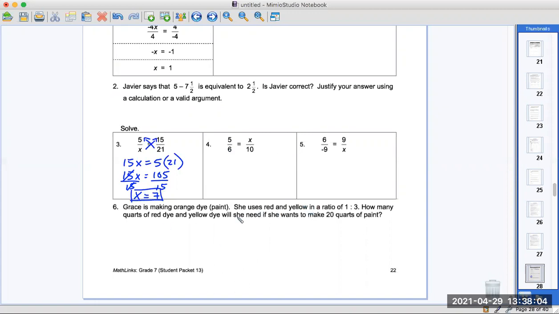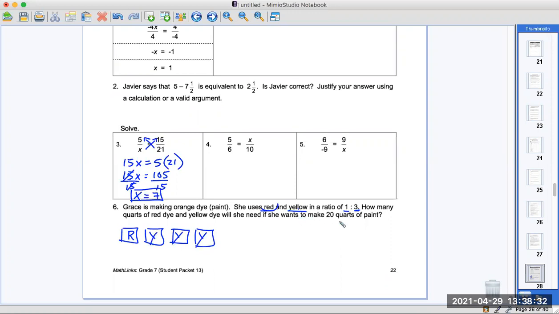And this is one of those chunking problems. You can draw a picture. She uses red and yellow. She's mixing paint. She's making orange dye, right? She's mixing yellow and red. The red is named first, so that means this is 1 part red and 3 parts yellow. So a picture sometimes helps.